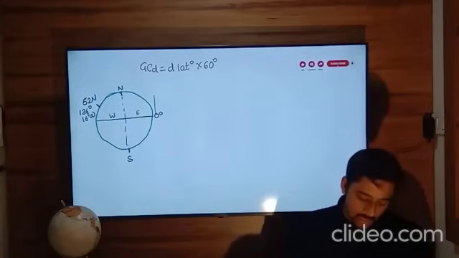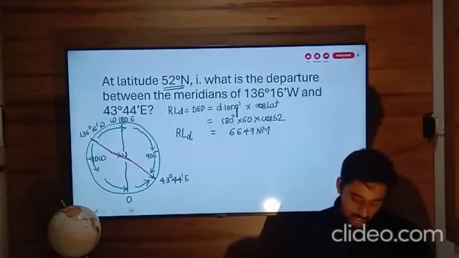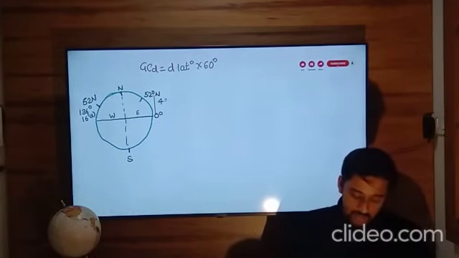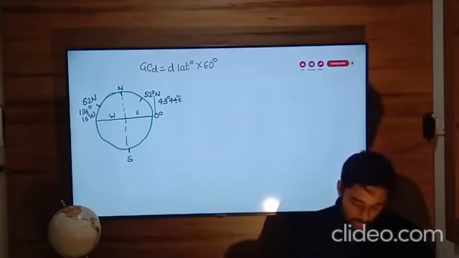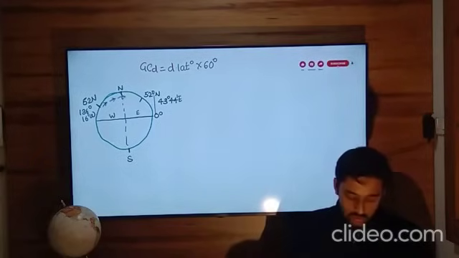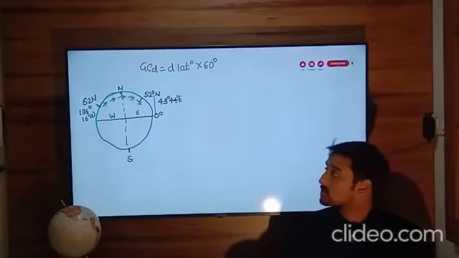And another longitude is same, 52 degree north, 43 degree 44 minutes east. So now you are going from 136 degree west to east, like this.